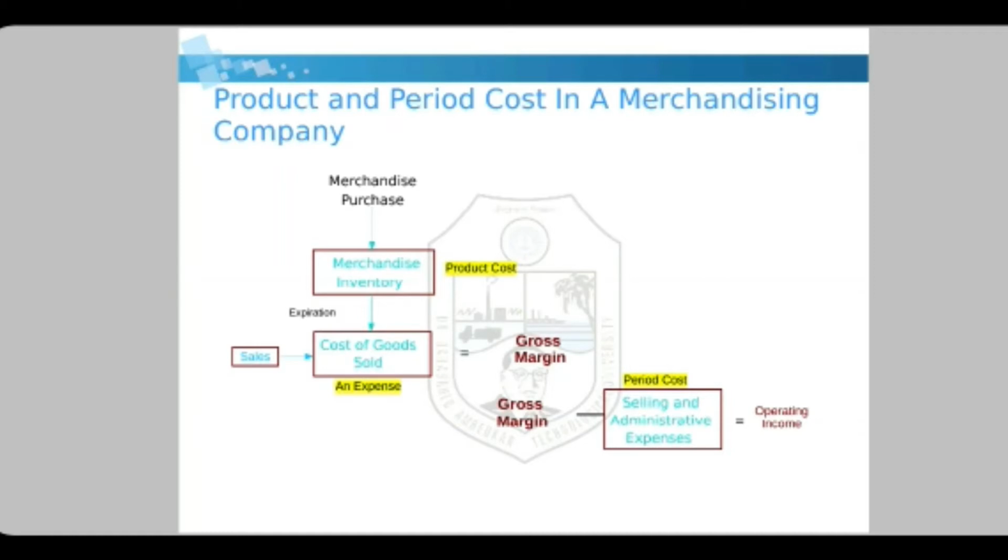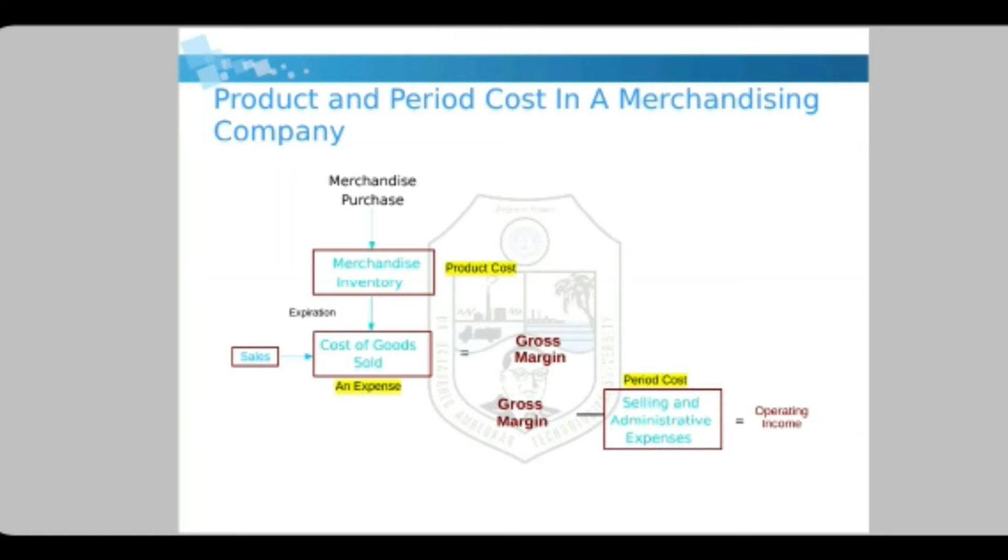They sell those 100 kilograms at a higher price, so sales will contain the price at which they sold them. Sales minus cost of goods sold will be your gross margin.